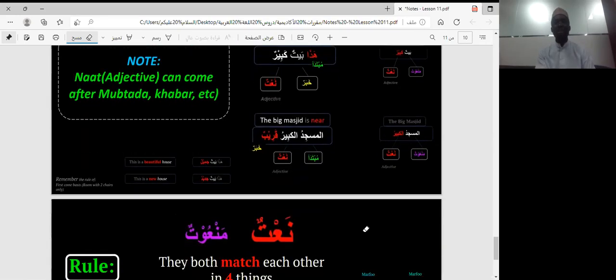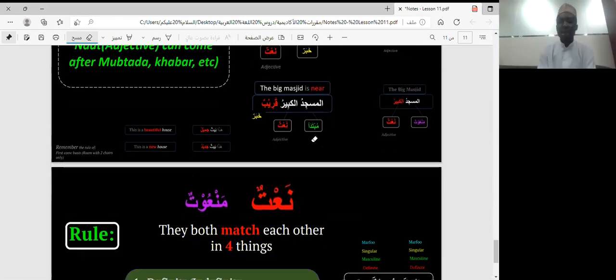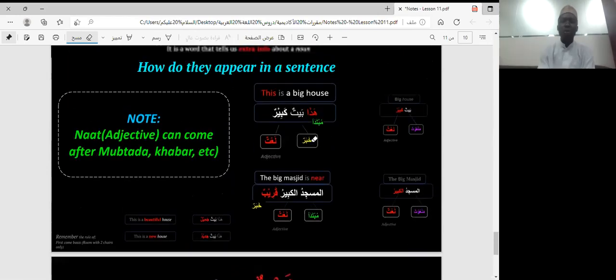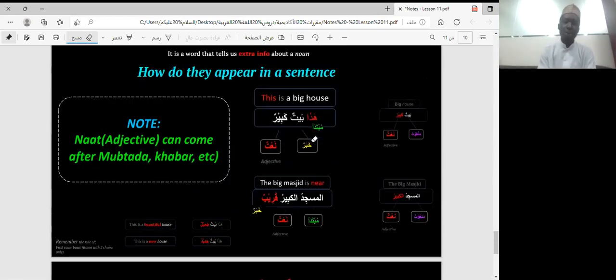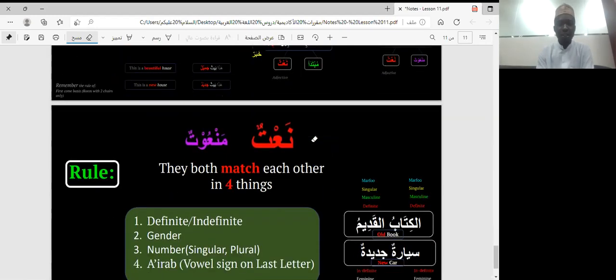The big masjid is near. So here al-masjidul kabir, the na'at and man'ut, is mubtada, while qaribun comes as khabar. So these are how na'at and man'ut appear in an Arabic sentence.